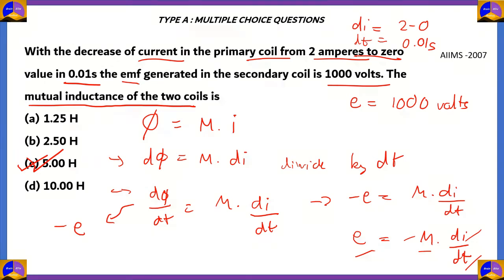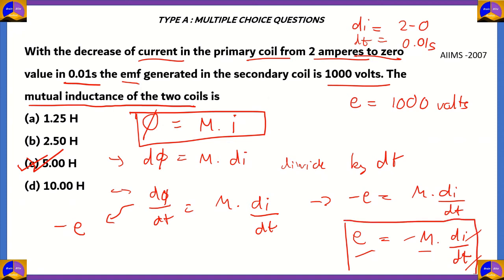Magnetic flux is equal to mutual inductance times current. And the important thing to note is that this first formula, we can substitute the values. So flux can become change in flux, provided that current becomes change in current. And then you could divide by dt on both sides to get the equation E is equal to minus m times di by dt.